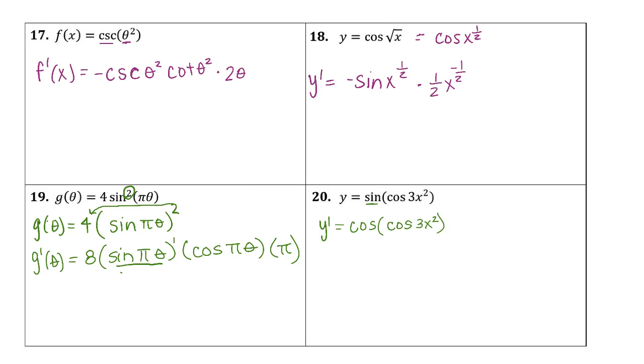Well, the derivative of the inside part, we're going to have another outside part. So that's going to be negative sine of 3x squared. And then we've got to do the derivative of the inside, so that's going to give me 6x. All right, that one was messy as well.